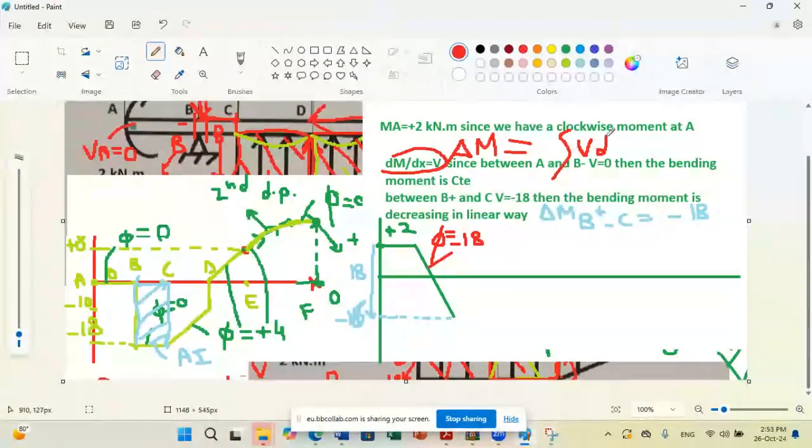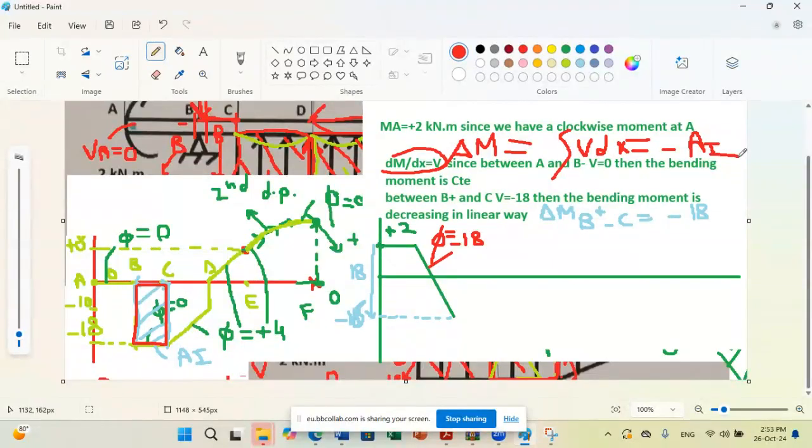It is the area limited by the shear diagram. So here you need to consider this area. But why do we take minus area? Because it's below the axis, meaning the integral will give you a negative result. So delta M between these 2 points is minus the area limited by rectangle 1.